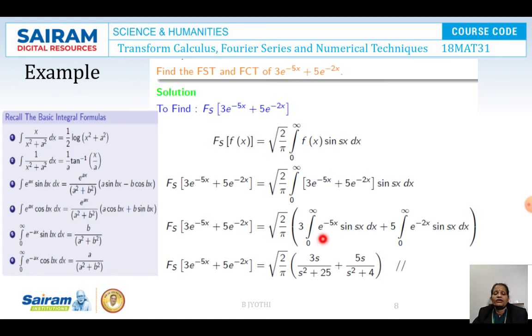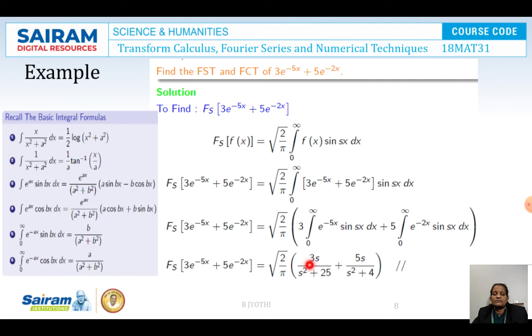And here we are going to apply the formula for e power minus ax into sin bx, and this is given by b divided by a squared plus b square. Similarly, for the second one also, this formula will be used, where a is 5 and b is s in the first case, and in the second case a is 2 and b is s.